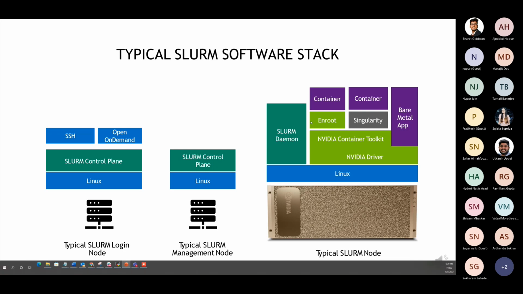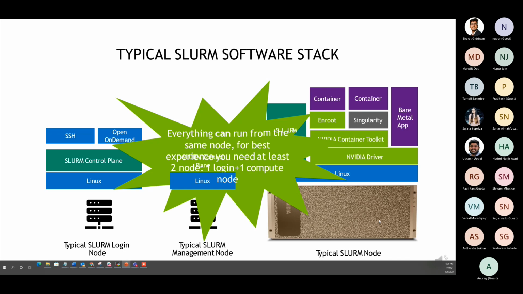Here, Enroot is again by us. That's why all these three things which are in green are by us, whereas Singularity is by some other company, which also supports Slurm. So these two things you can use to run containers on your bare metal system, which is DGX.